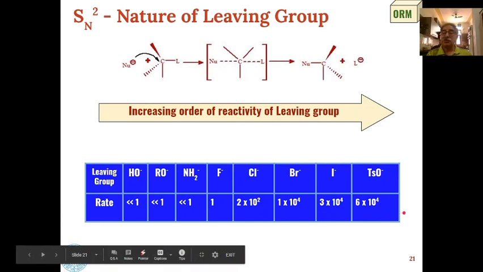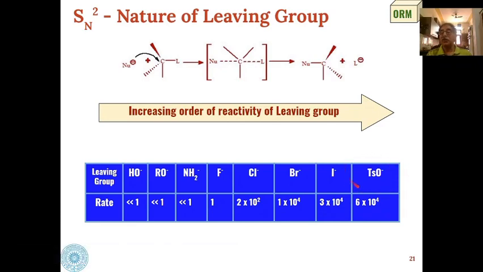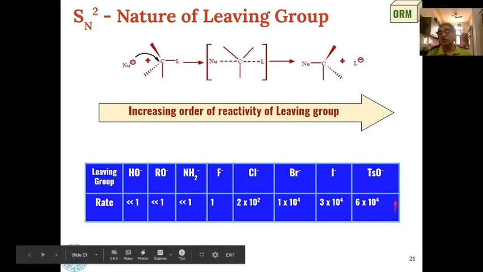As I have told you, tosylates can leave very easily, and because of that the rate of reaction is very high, 6 times 10 raised to the power 4 times better than fluoride, amide, alkoxide or hydroxide. So depending upon the nature of the leaving group, the better the leaving group, the higher the rate of reaction.